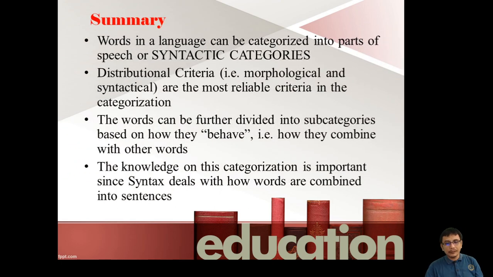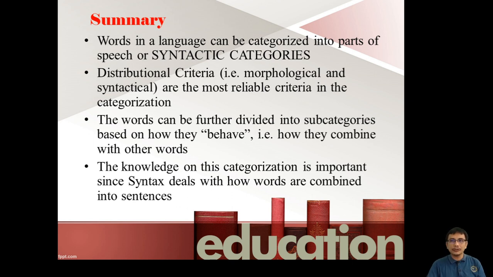As a summary, words in a language can be categorized into parts of speech, or we call them syntactic categories. And then distributional criteria, that is morphological and syntactical, are the most reliable criteria in categorizing words. And then we can further divide the words into subcategories based on how they behave.